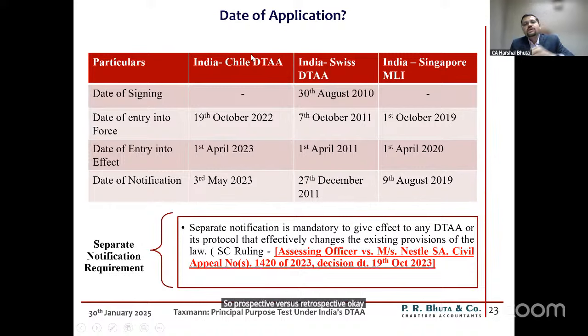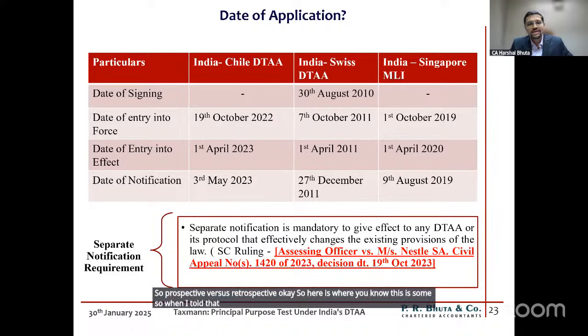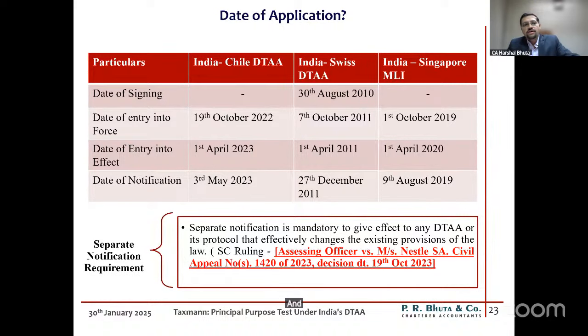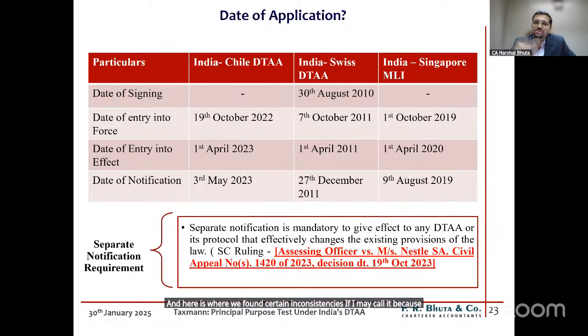So when I told that we need to go into the granularity of it, here is where we have done a deep dive at our office. And here is where we found certain inconsistencies, if I may call it, because that is coming from my perspective, my understanding of the subject.